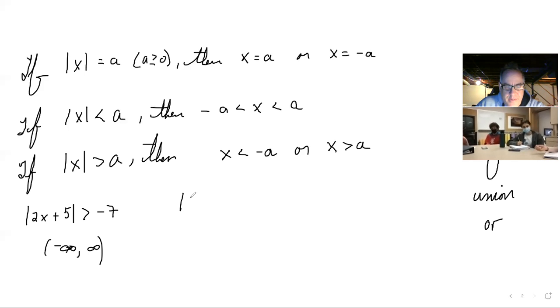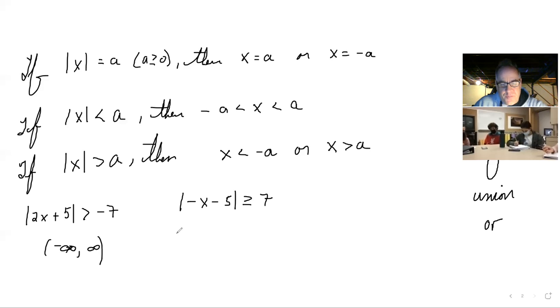If we had the absolute value of -x minus 5 greater than or equal to 7, first make sure the absolute value is isolated, then remember the rule here.